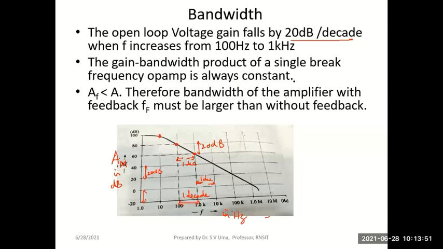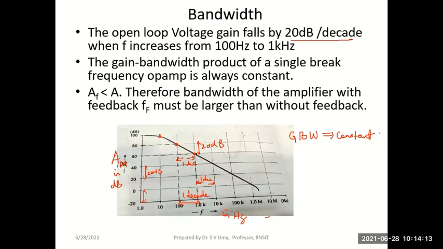This gain bandwidth product of a single break frequency op-amp is always constant. One more thing, in any amplifier you remember, not just op-amp, has its gain bandwidth product always as a constant value. So the product of its gain into bandwidth should remain the same.